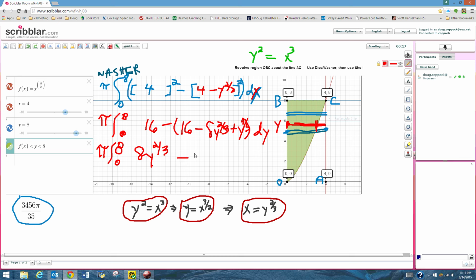Minus y to the 4/3, so that'll be y to the 4/3, and this is still dy.